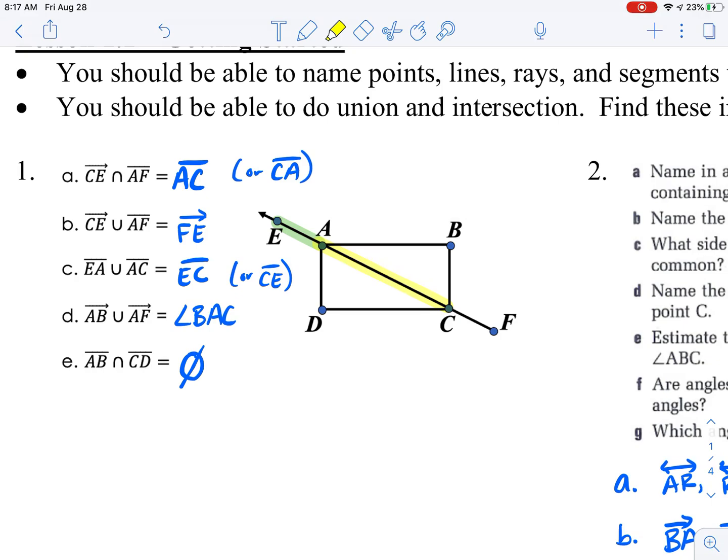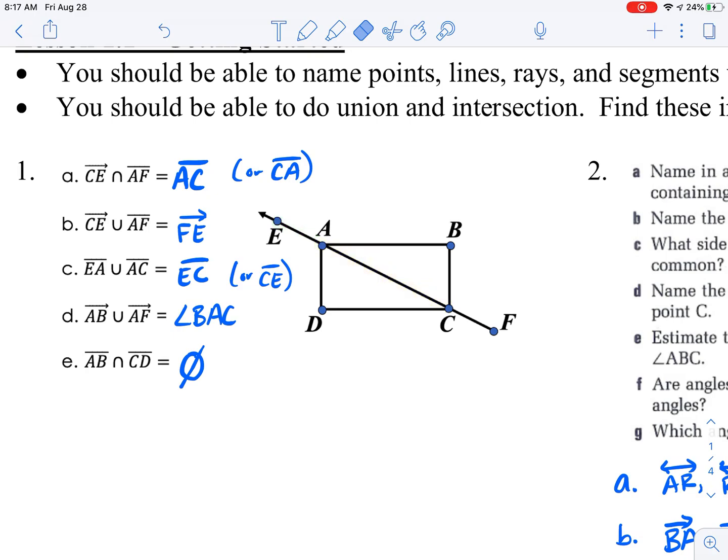We make one longer segment with the endpoints of the end of the green, which is E, and the end of the yellow, which is C. So we make segment EC, a longer segment out of 2 smaller ones. That is EC, or you could switch the endpoints and call it CE. But those are the only 2 options because we have to talk about our endpoints as the 2 points when we are referring to a segment.